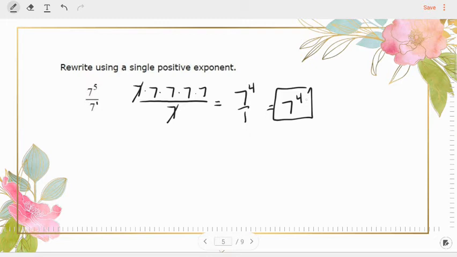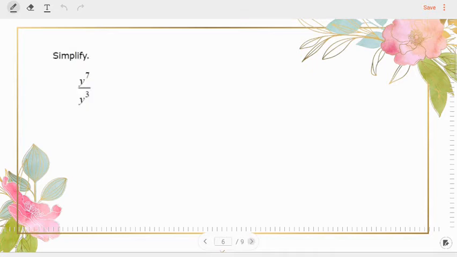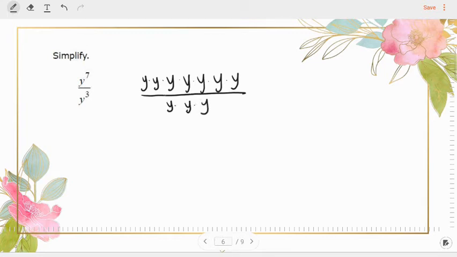Now hopefully you're starting to notice a pattern with my exponents, that I may not necessarily have to write this out every time, and we're going to make a conclusion in just a second. So if I have y to the 7th power, okay, 7 y's. 1, 2, 3, 4, 5, 6, 7. 3 y's on bottom, 1, 2, 3, and I can cancel 1, 2, 3, and I have 4 y's left.